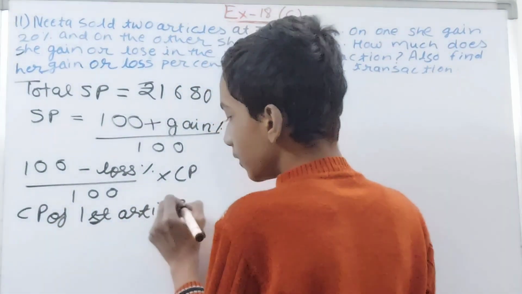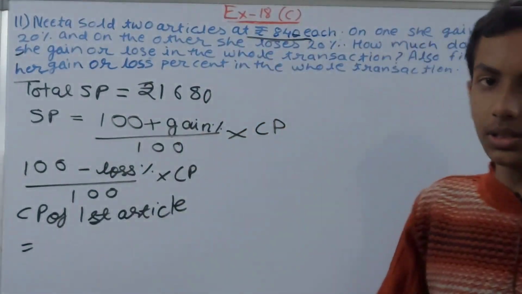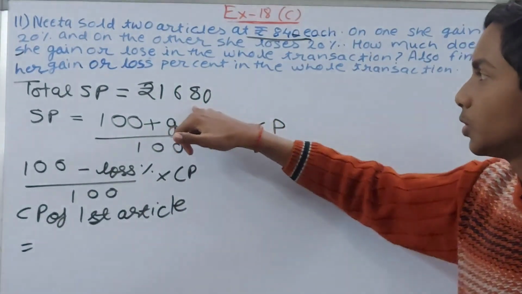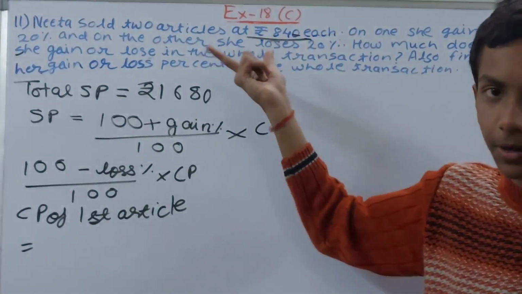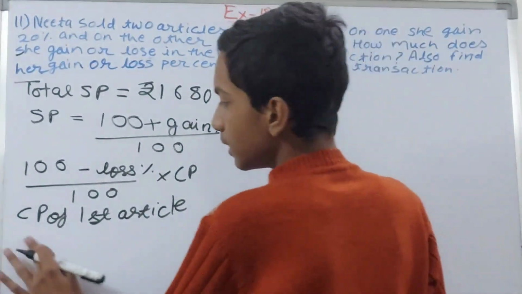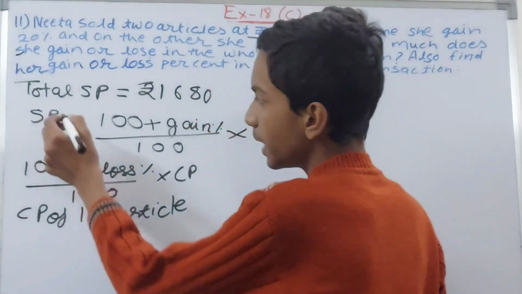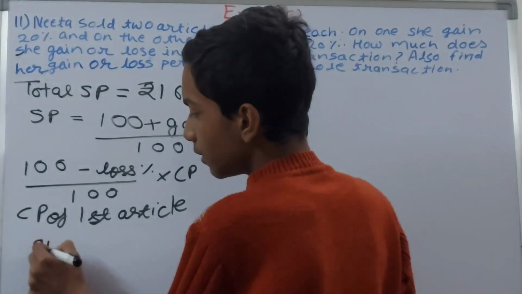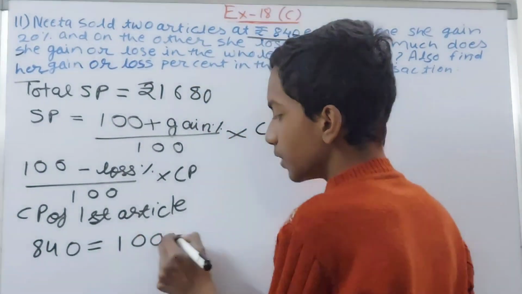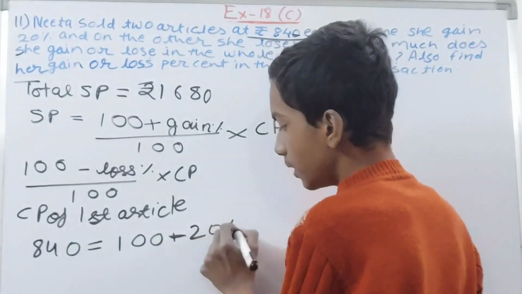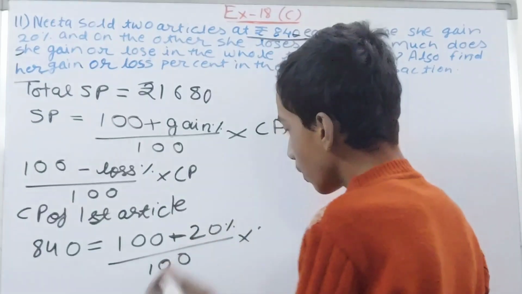So the CP of the first article becomes what? We know the SP of the first article is rupees 840. Why? Because if this is for 2, so for 1 it is 840, as it's given in the question, 840 each. So using this formula, SP, which is replaced by 840, equals 100 plus the gain percent, 20%, upon 100, into the cost price.